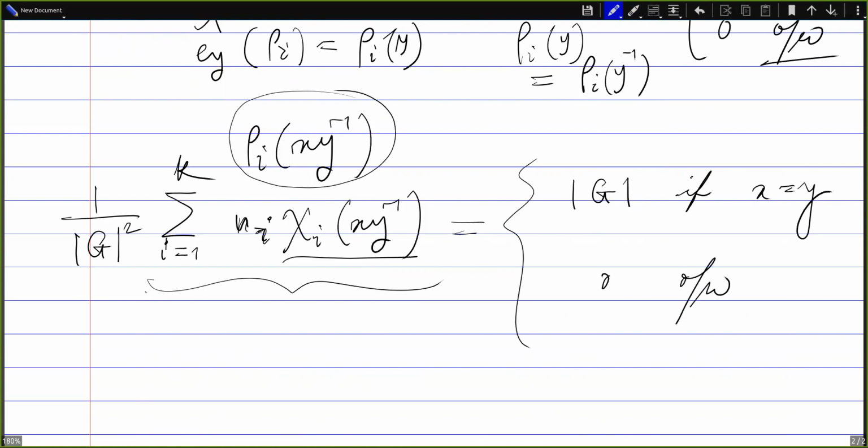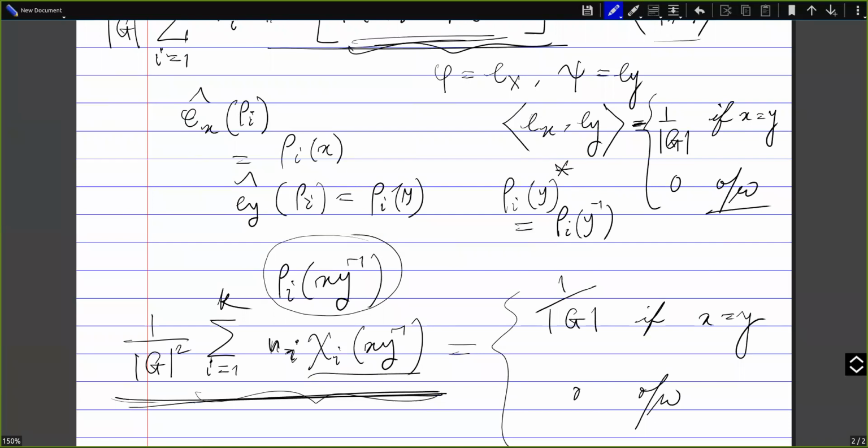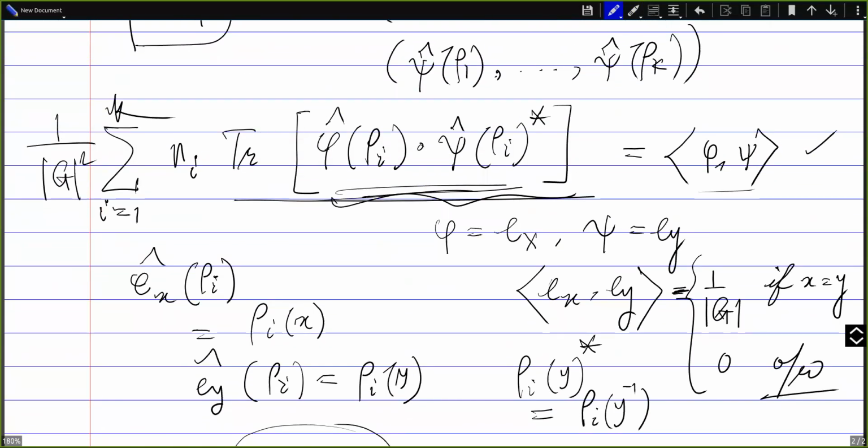So this is what happens to the sum. And since we have a factor outside, this becomes 1 by the order of G if x equals y, 0 otherwise. Now you can see that for phi equal to e_x and psi equal to e_y, both the sides match. So this formula holds for any two basis elements e_x and e_y.